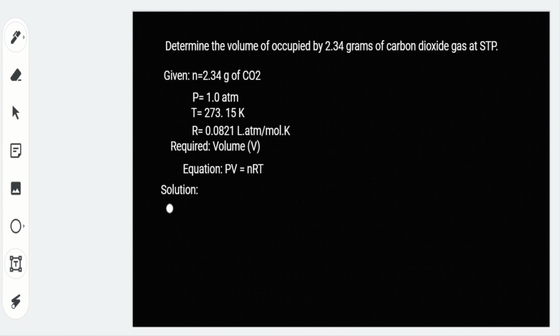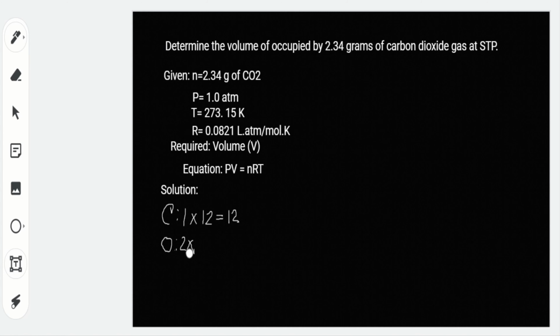So if you're going to check your periodic table of elements, so if we have our carbon here, okay, for the molar mass of carbon dioxide, we have 1 times the atomic mass of carbon, which is 12. Okay, so ibig sabihin 1 times 12, that's 12 grams per mole. And then for the oxygen, okay, meron tayong dalawang oxygen dito, and we multiply that to its atomic mass.